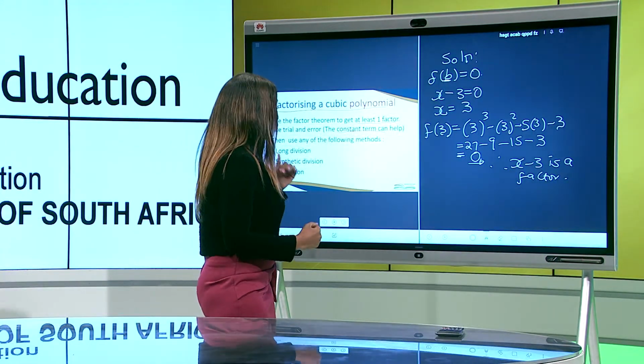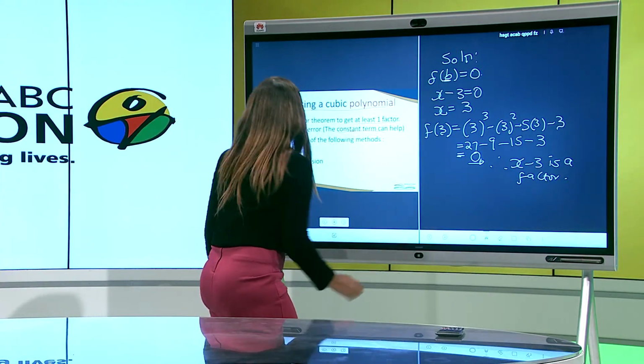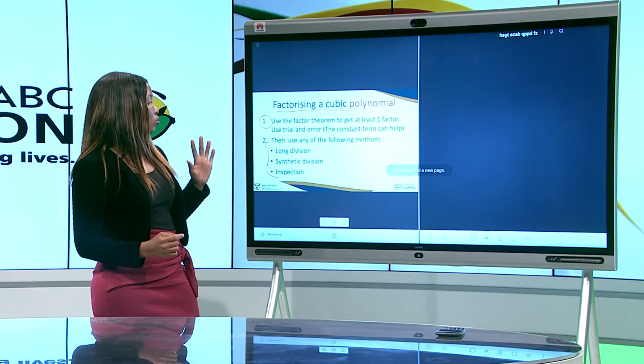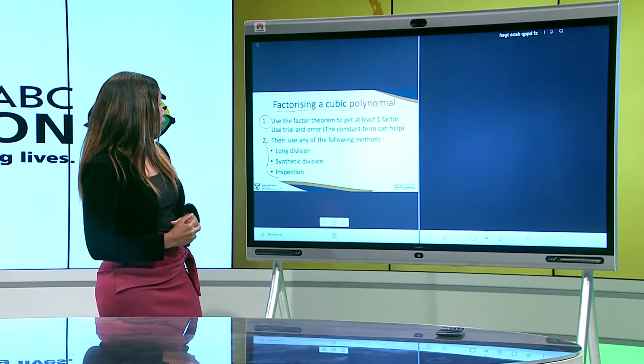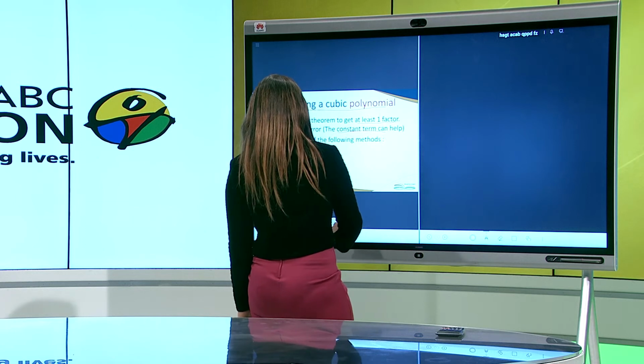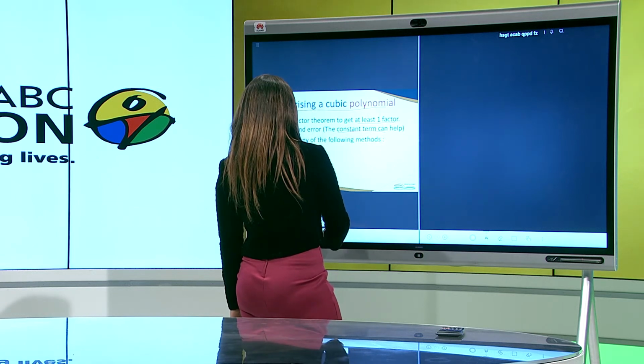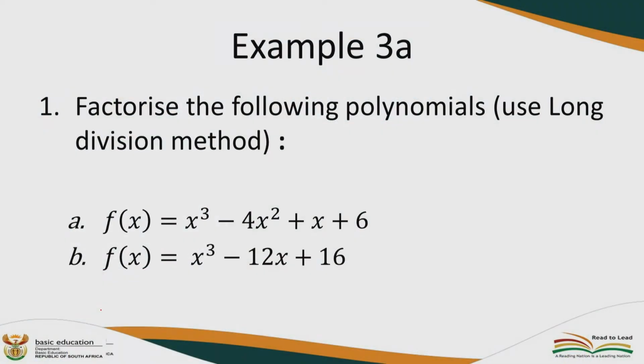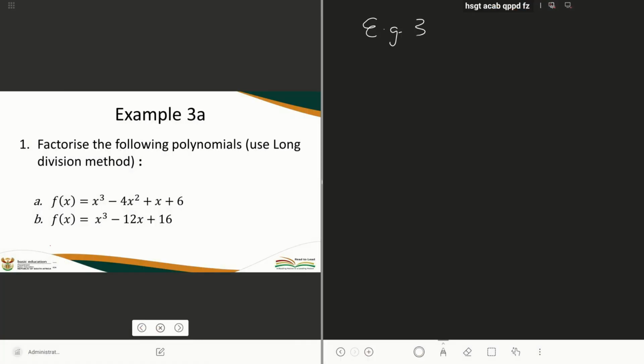Now I'm going to take you step by step on how to deal with each and every method here. Right? Let's do example number 3A together. Here we are required to factorize these polynomials or functions by using the long division method.